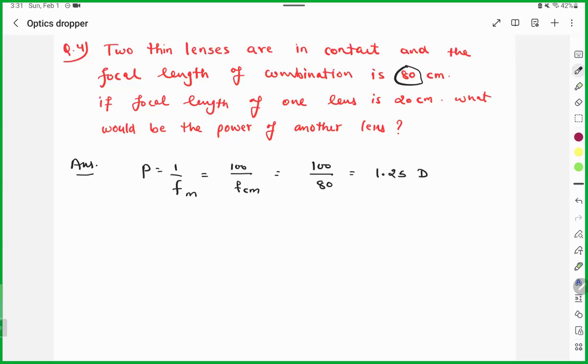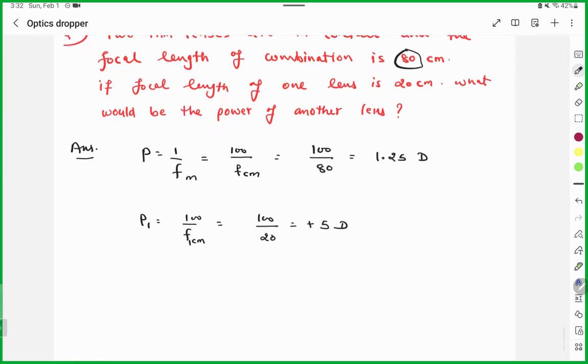This is in diopters, correct? This is the total power. Then for one lens, the focal length in centimeters, F1 is 100, yes. So the power value is equal to minus 30 by 8, which I have to solve now. Correct. So this is the power of the first lens.